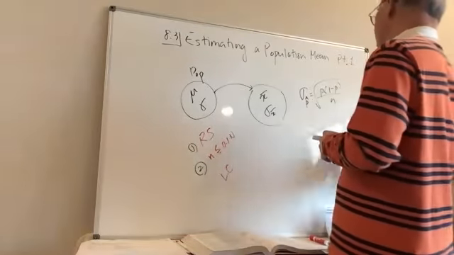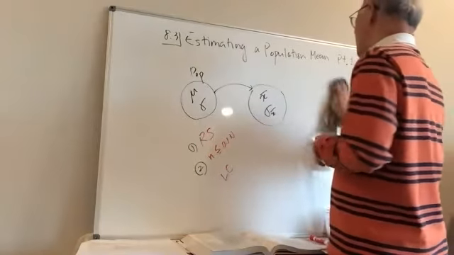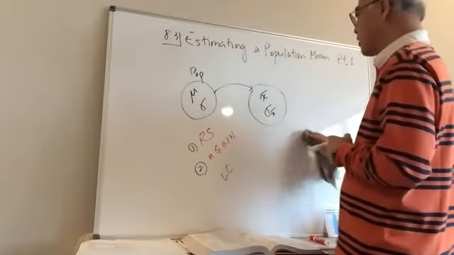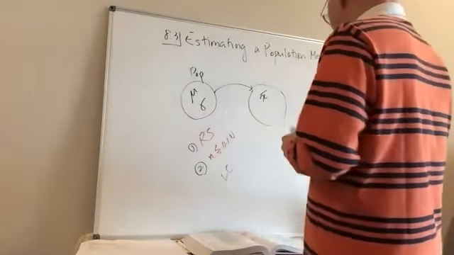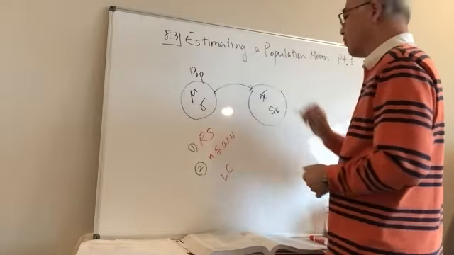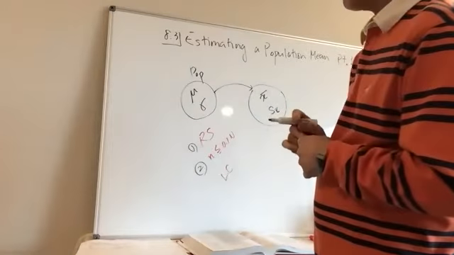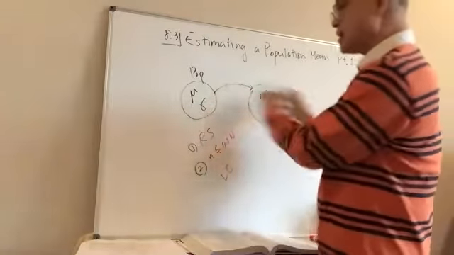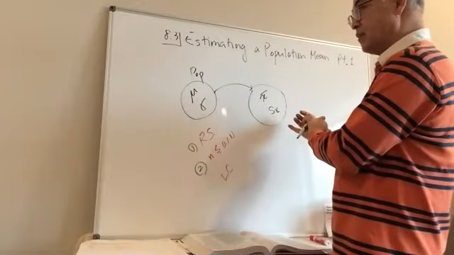What we're going to have is a sample standard deviation. So we're going to have an S of x, a standard deviation from the sample itself. But we don't know how this ties into this.